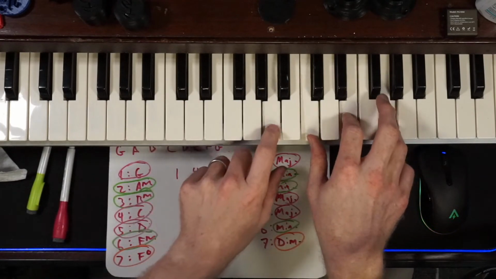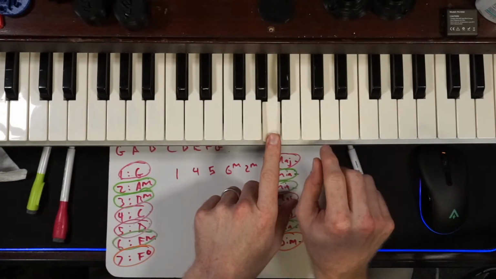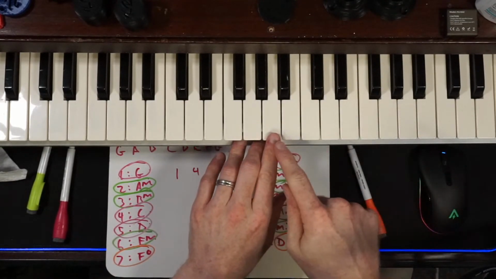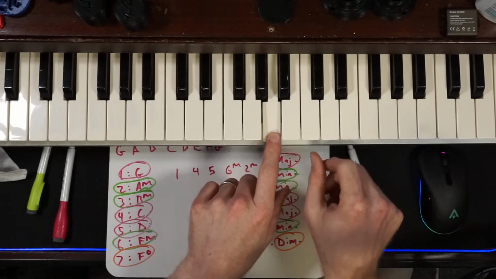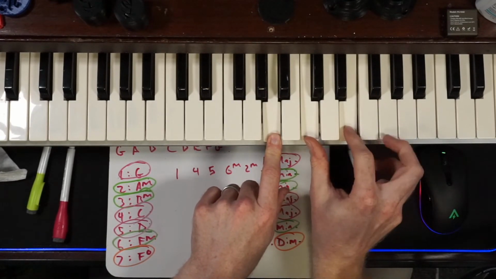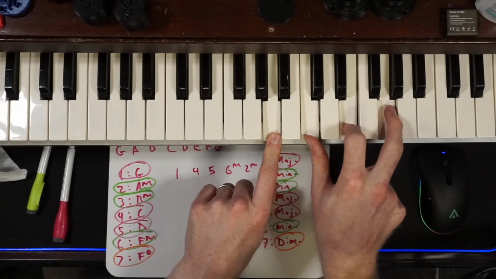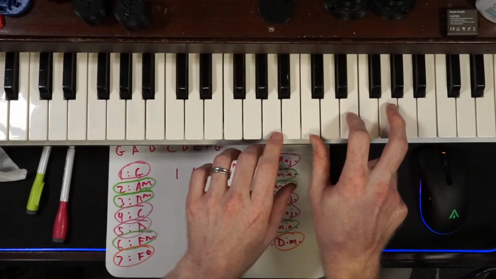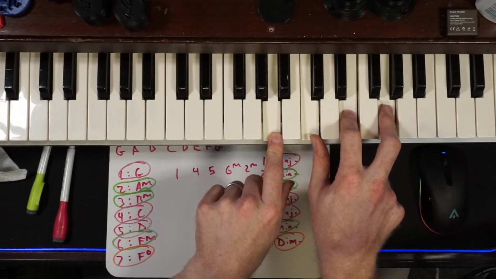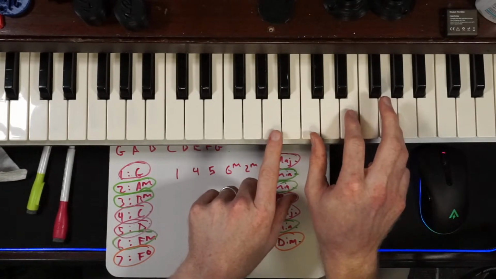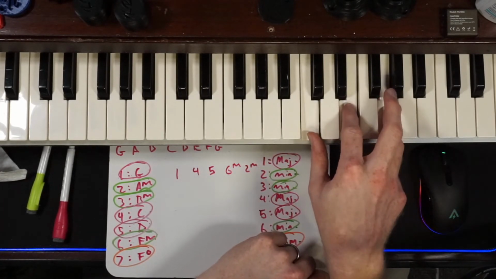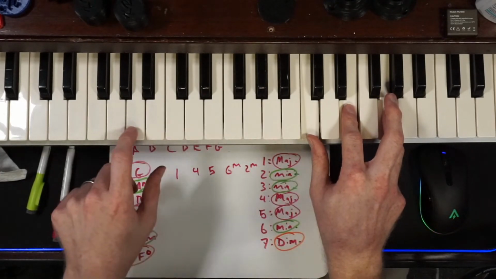If you look at it in terms of the A major scale, we have our 1, our flat 3, our 5, and our flat 7. So this is an A minor 7 chord. An A minor 7 is just a C with an A in the bass.